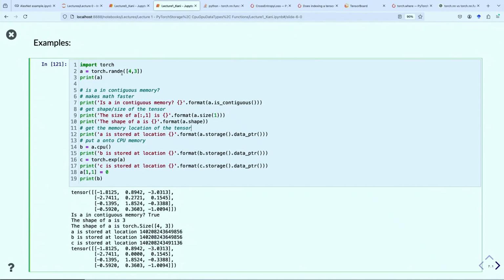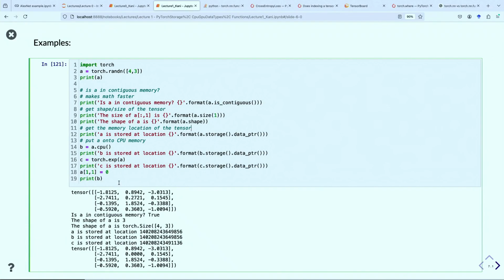When we initialize it by default, Torch assumes you want to put the data in the CPU, so that's why B is also stored at the same location. You could also use some helper functions, for instance the exponential function, to change around the data and have C stored at a new location, like so. So we do various operations and we get various things.